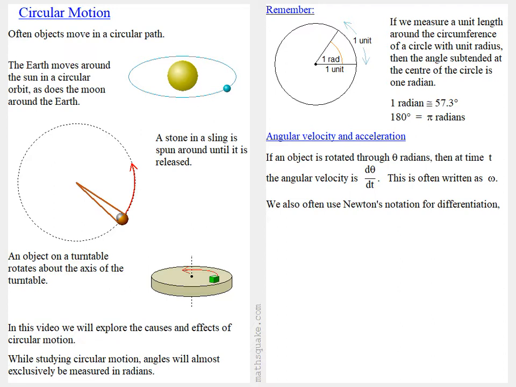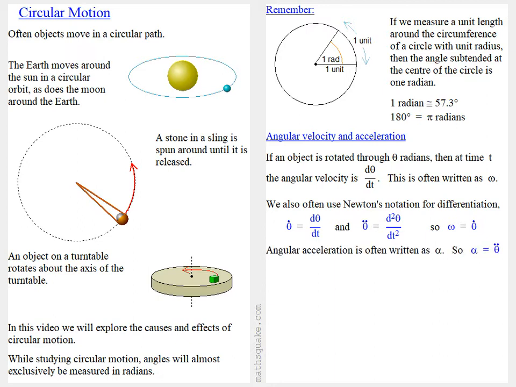That is, to differentiate with respect to time t, we write a dot over the letter. So theta dot is d theta by dt, and theta double dot is d2 theta by dt squared. So theta double dot is the second differential of theta. And we have omega is equal to theta dot.